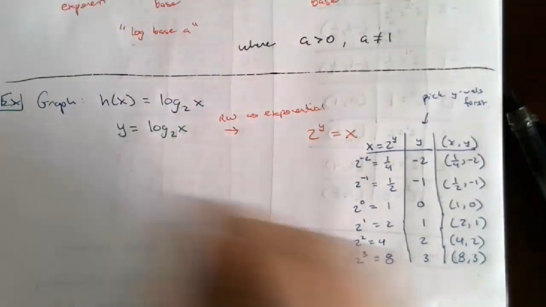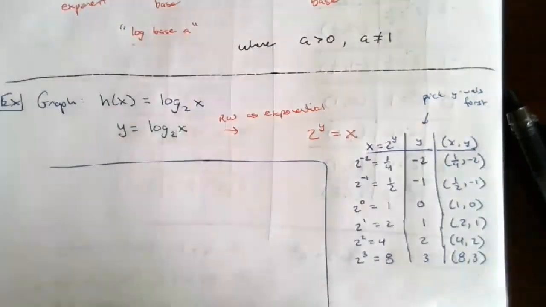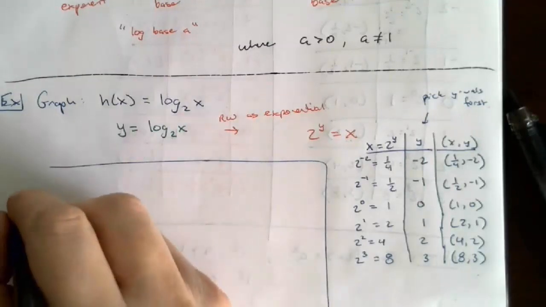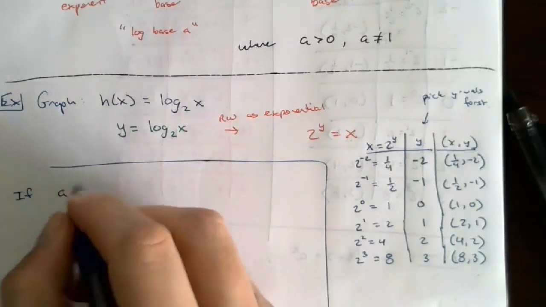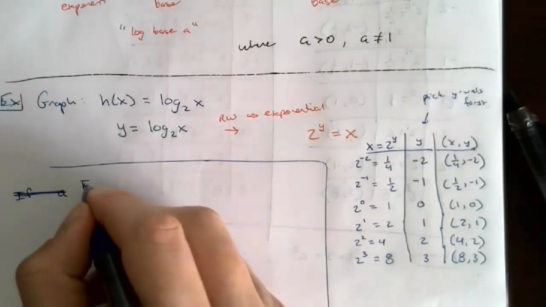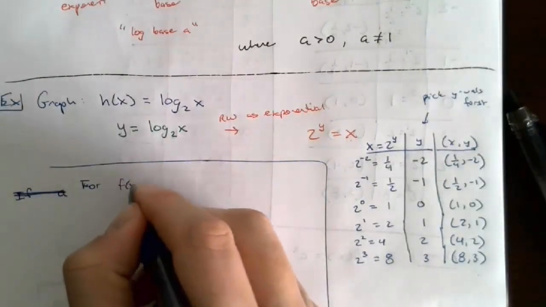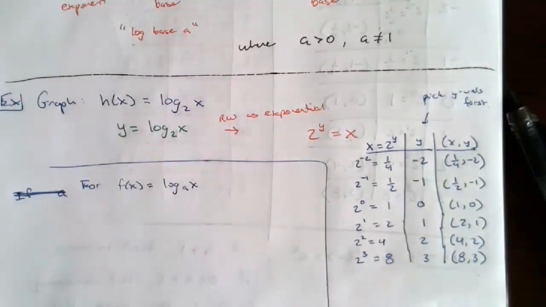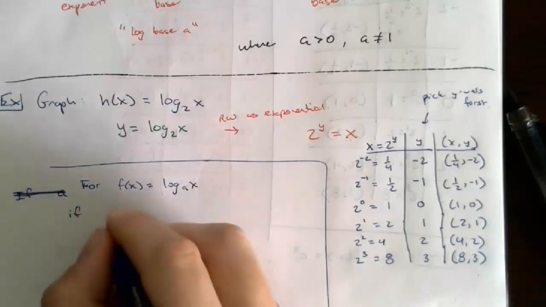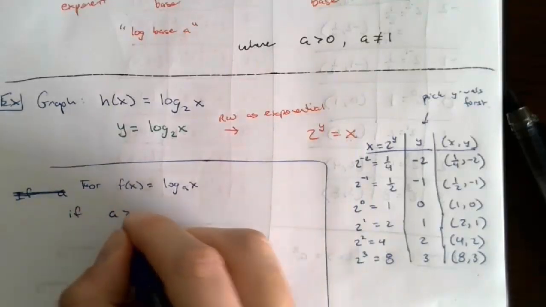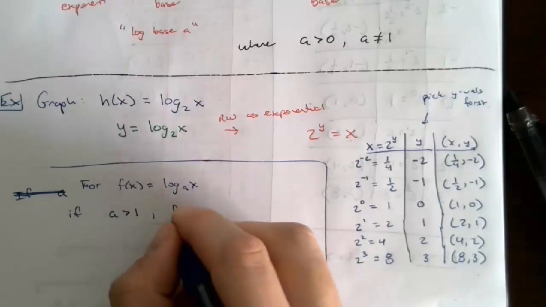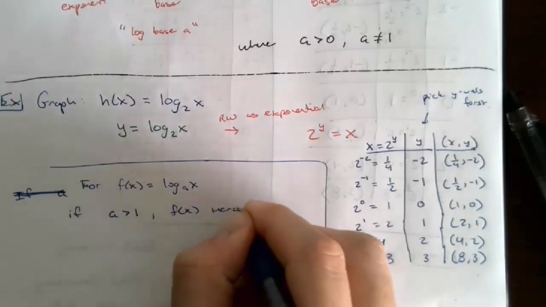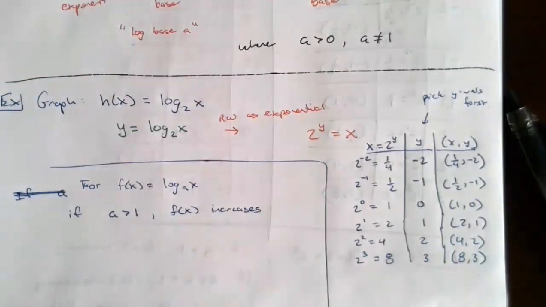Similar to the properties of the exponentials, we can talk about properties for logs. So for f of x equals log base a of x, if a is greater than 1, f of x increases.